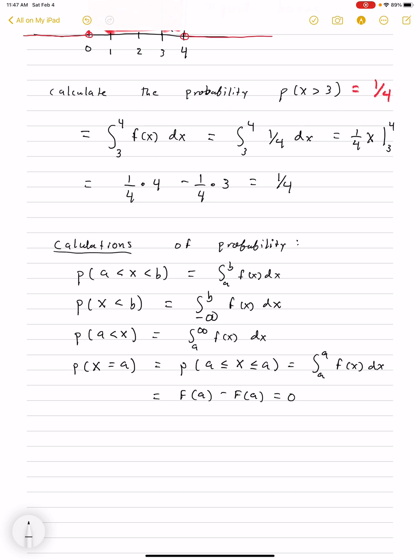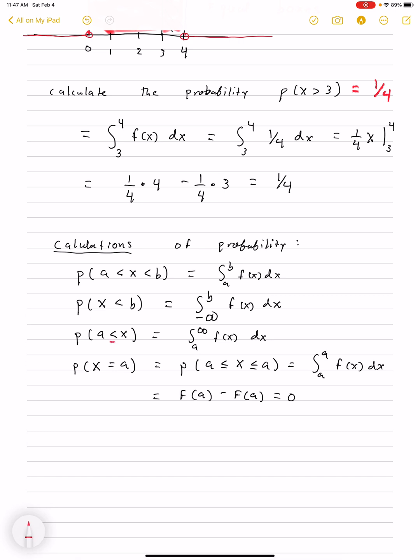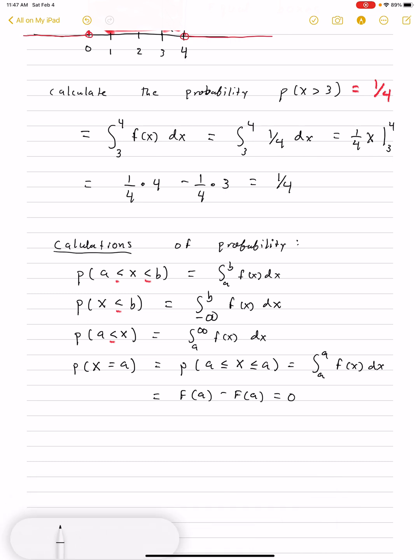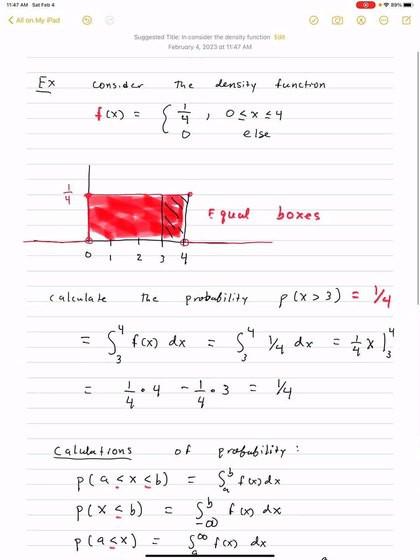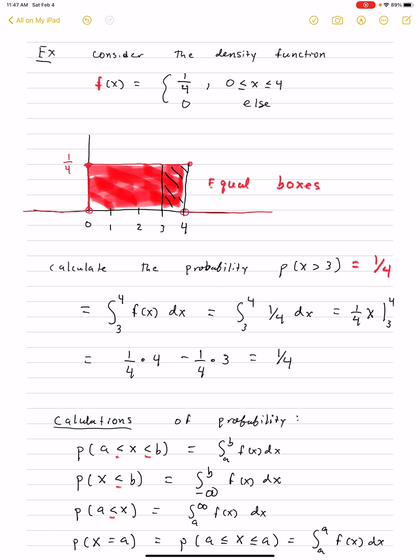So it doesn't matter if I put less than or equal to on any of these. It's the same way that we calculate probability for a continuous distribution. There are, of course, some caveats to this that are not covered in this class. Okay, so for us, probability of a point is 0; if you want to get into the theoretical definitions of probability, you need to take more probability theory.